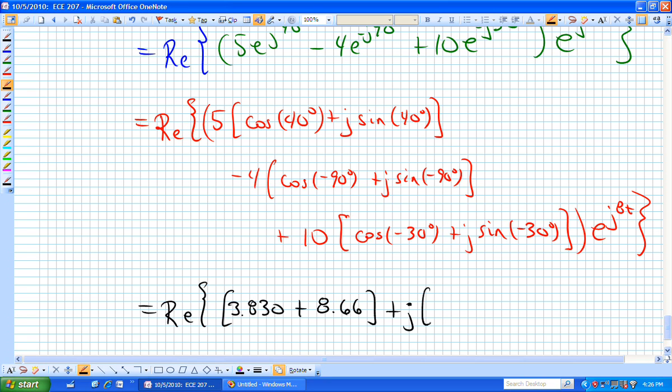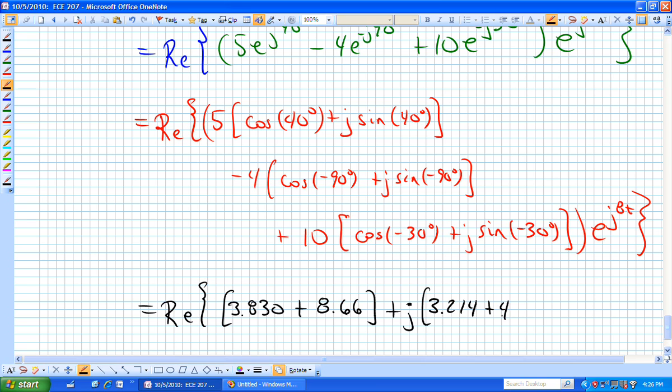5 times the sine of 40 degrees, 3.214. Minus 4 times sine of minus 90. Sine of minus x is minus sine of x. Sine of 90 is 1. I've negated that, so I now have plus 4. Sine of 30 degrees.